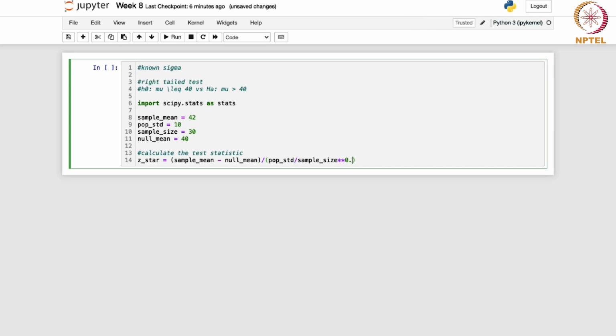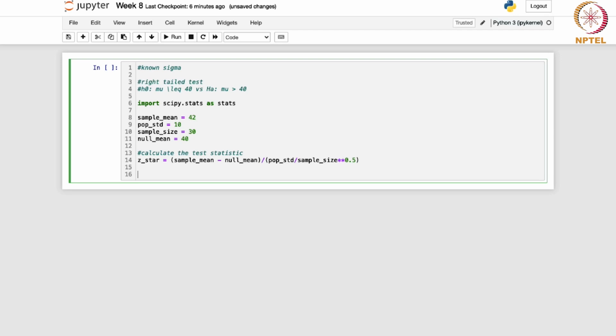So x bar minus mu naught divided by sigma, that is your population standard deviation, divided by root n. This is your z star, and then we will set the level of significance. Let alpha be 0.05.